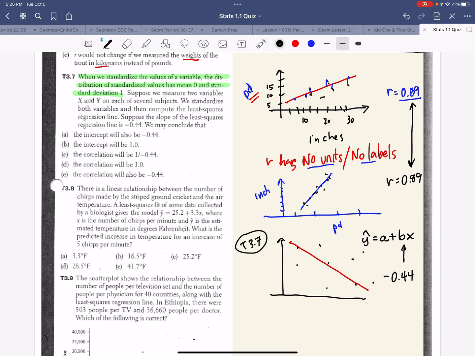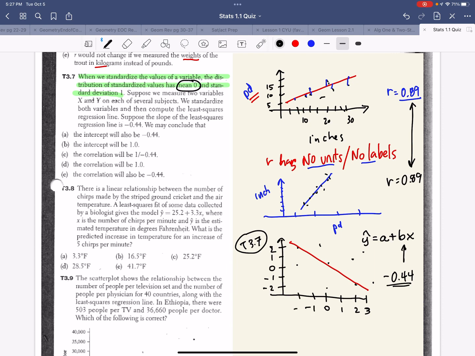What that would mean is, in a weird way, since we standardized everything with a mean of 0, these would be greater than that or less than that, and these would be greater than that and less than that.